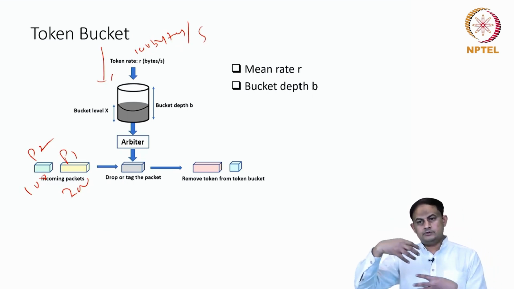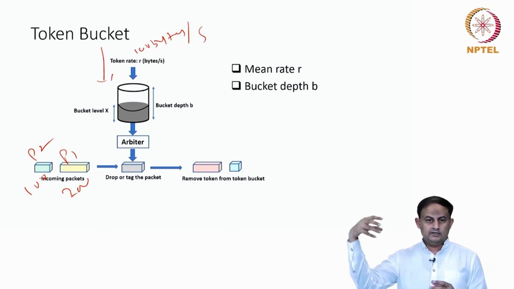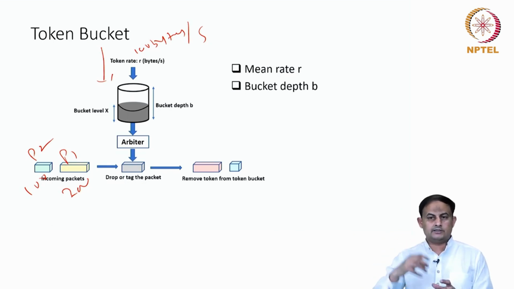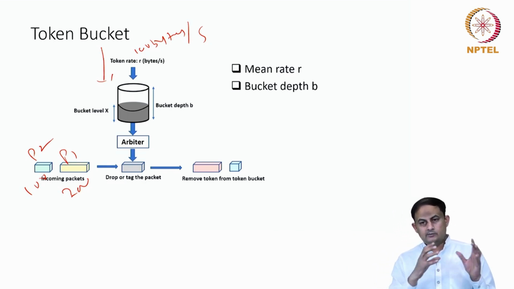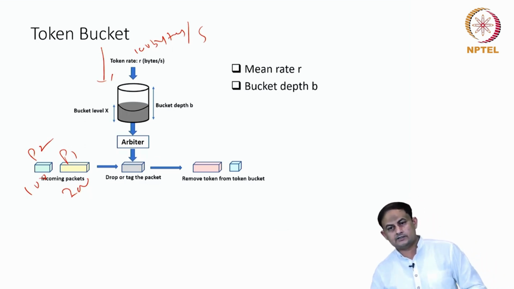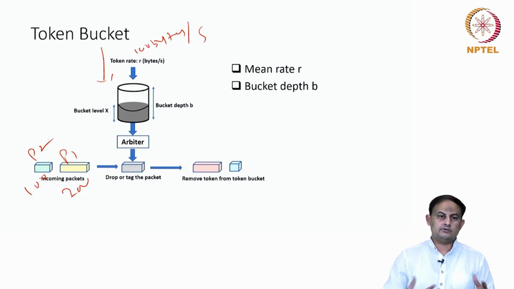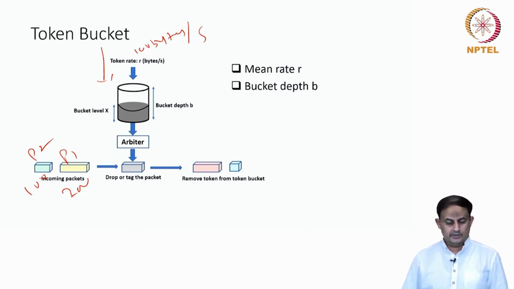That is the rate at which the tokens are generated and put inside the bucket, and these tokens get accumulated inside the bucket. Remember, in the leaky bucket algorithm, the cells are accumulated inside the bucket, but in the token bucket, the tokens are the ones accumulated inside the bucket.